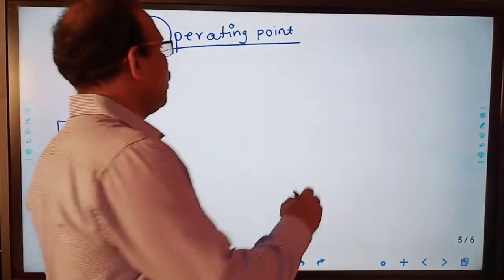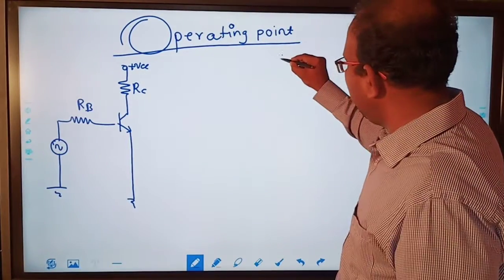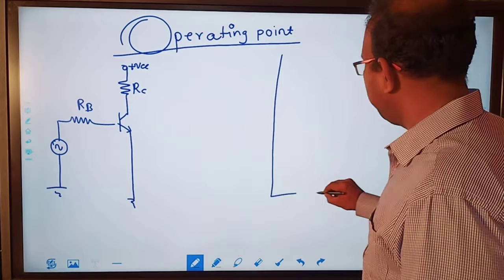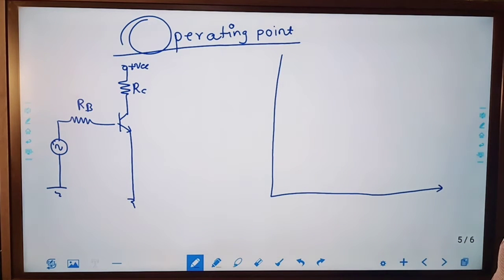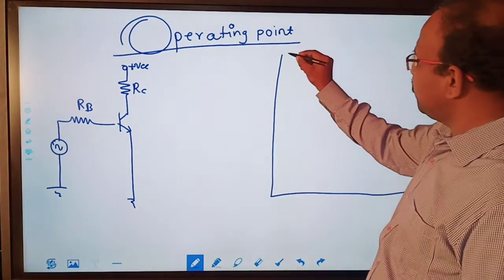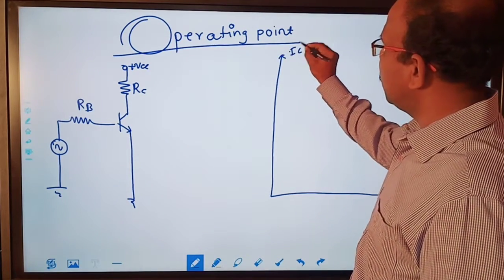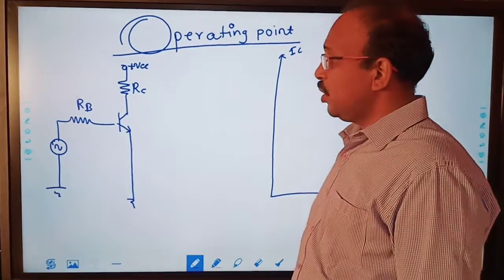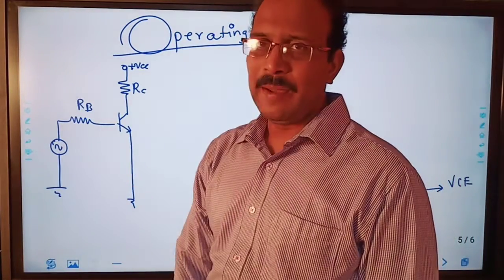So here I draw the operating point. This is VCE, output characteristics. This is IC.